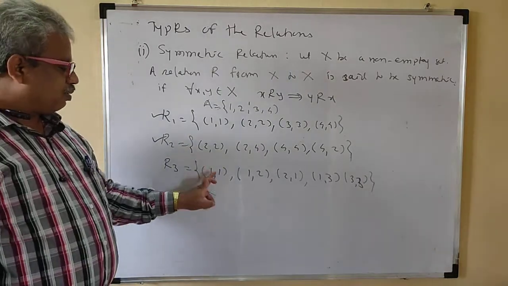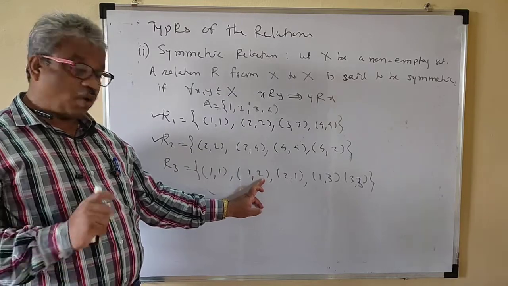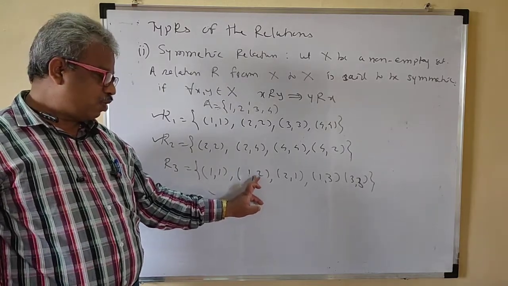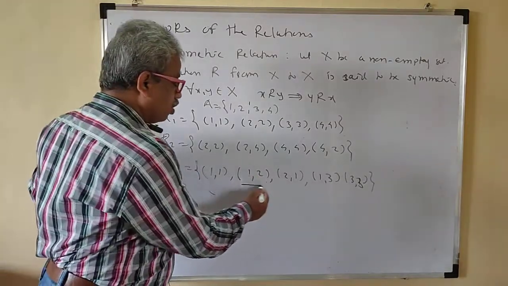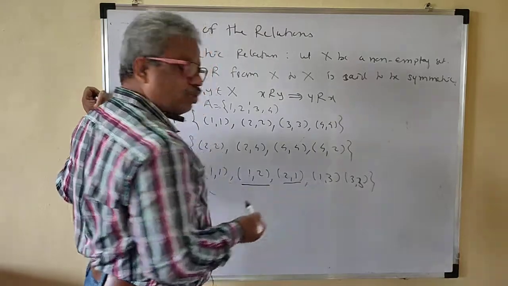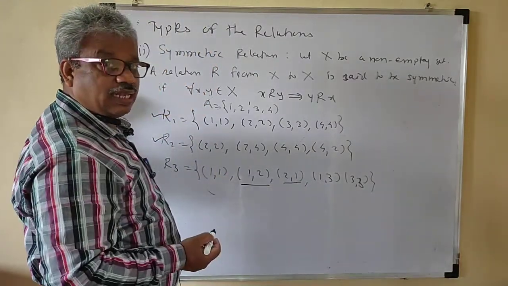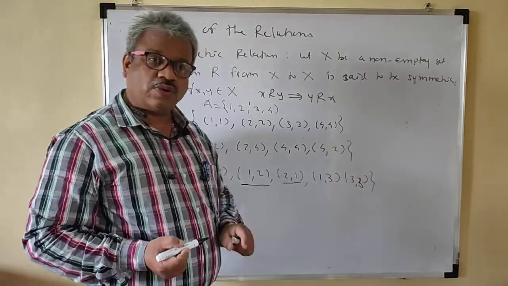Now what about here? No problem for 1. Now see here, 1 is related to 2. For all x, y this should hold. Check whether 2 is related to 1 or not. Yes, 2 is related to 1 is given. Here 1 is related to 3 is there, but check whether 3 is related to 1 is there or not. 1 is related to 3 is there, but 3 related to 1 is not there.